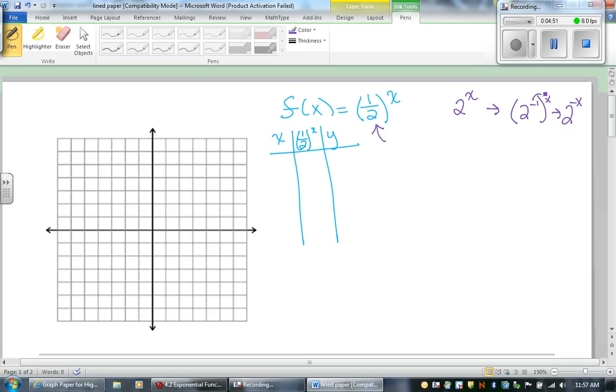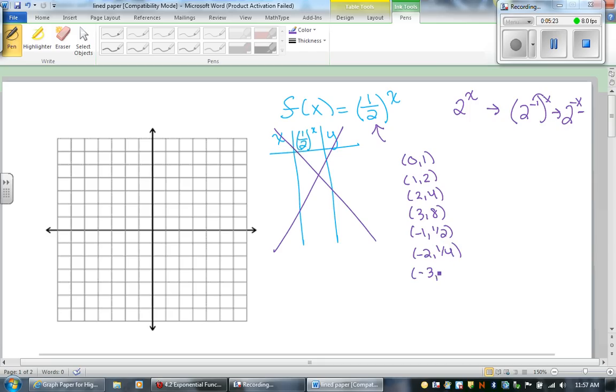So what I'm able to do here is take those points from my original function 2 to the x and adjust the x value. All I've done is taken the x value and made it negative. I'm going to throw this by the wayside for now and look at my original points. I had 0, 1; 1, 2; 2, 4; 3, 8; negative 1, 1/2; negative 2, 1/4; and negative 3, 1/8.